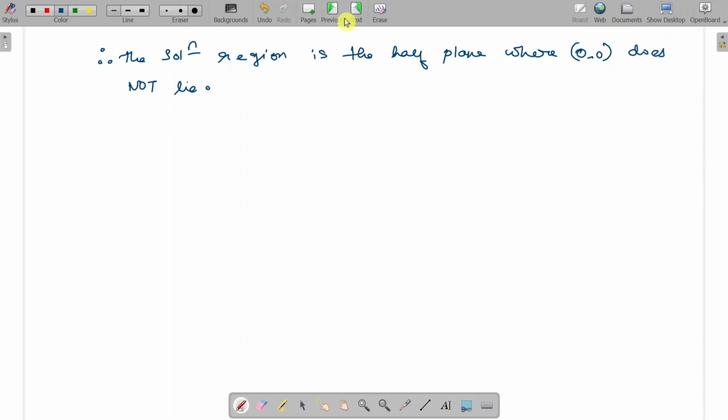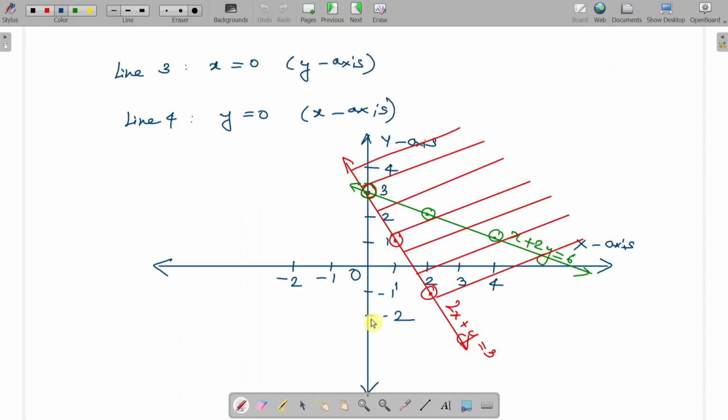If you look at the second line, 0 comma 0 is here. So for the second line also the solution region is in the half plane where the point 0 comma 0 does not lie. That means here, right? So this is the solution region.